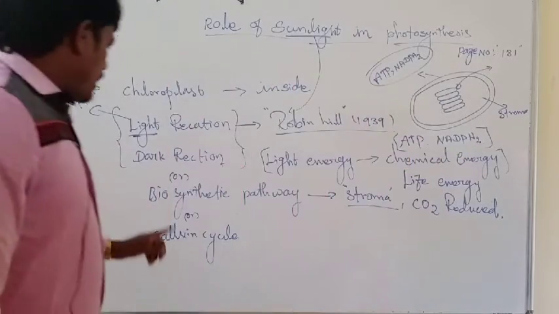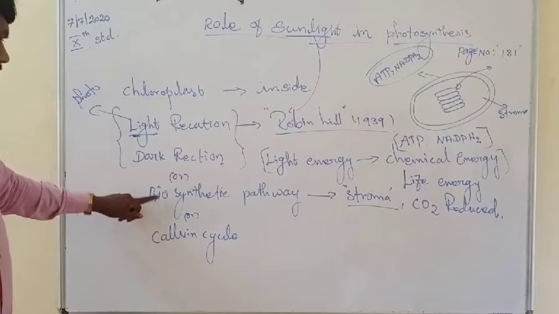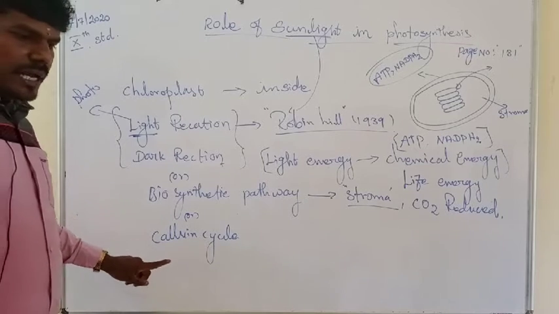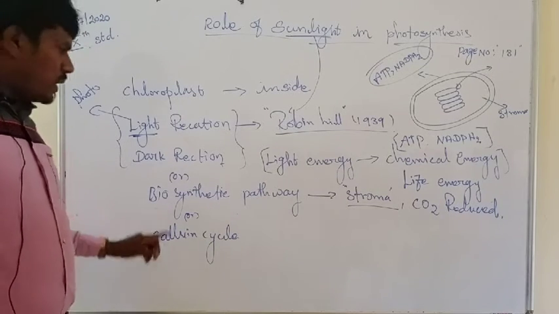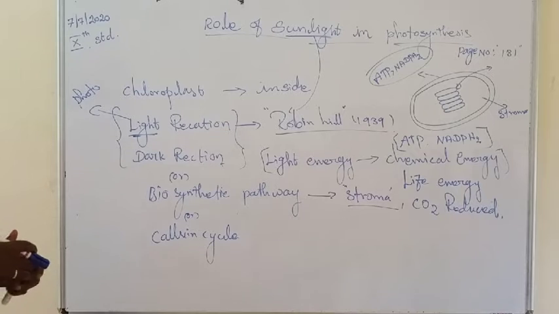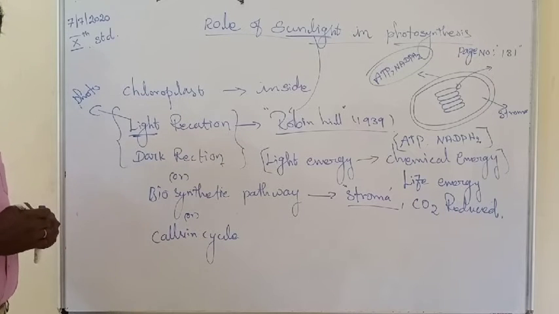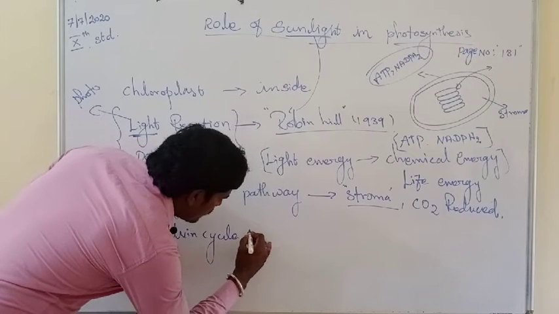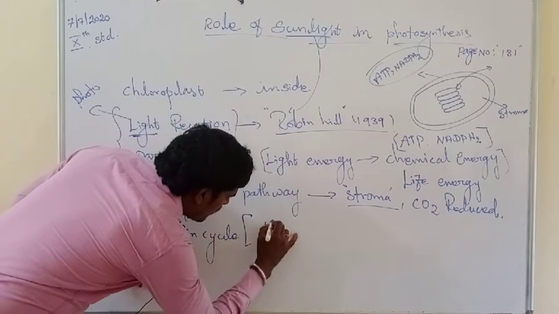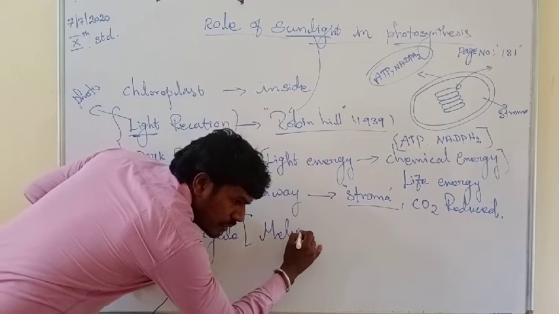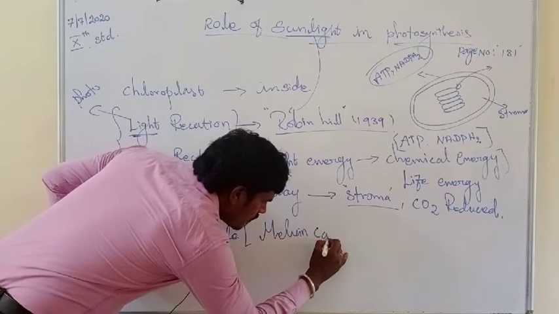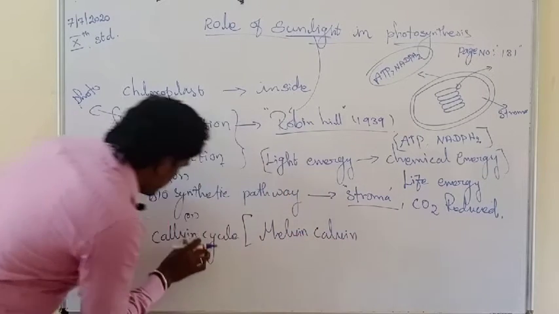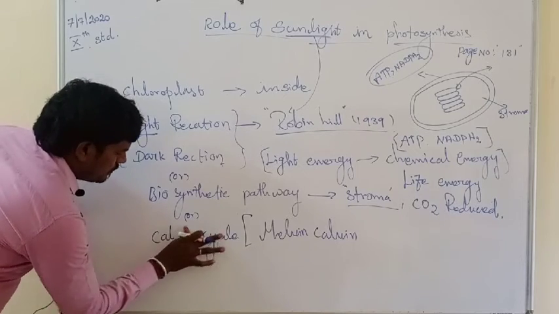So the dark reactions are otherwise called the biosynthetic pathway or the Calvin cycle. This was first found by Melvin Calvin, the discoverer of the dark reactions.